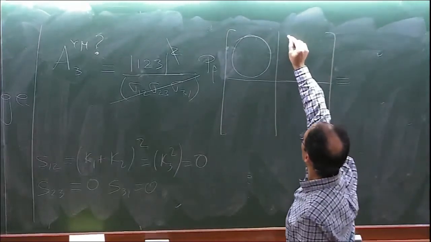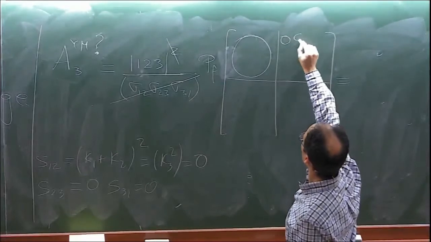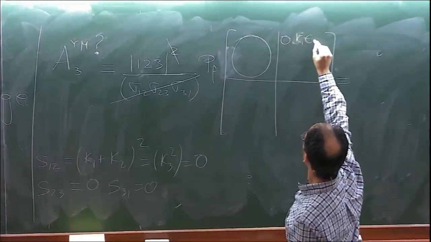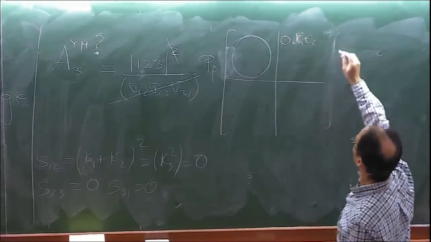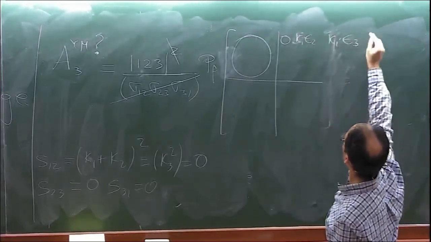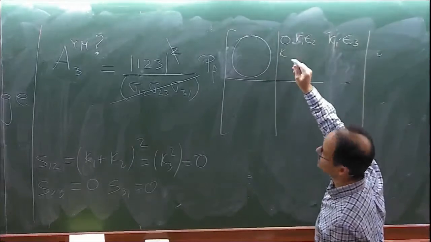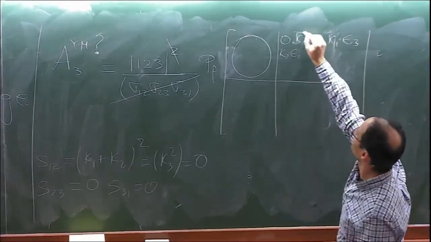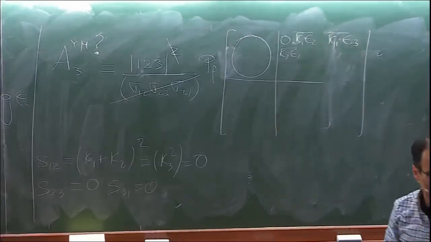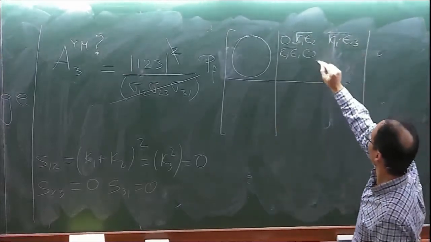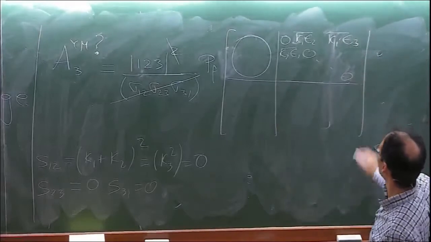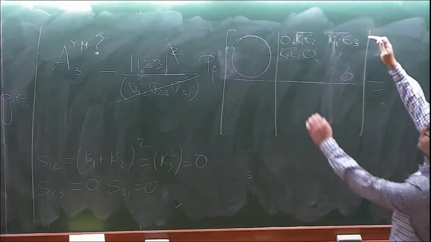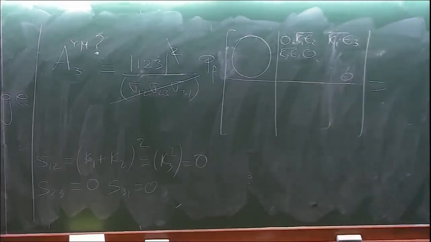We have 0, epsilon 1 with k1, epsilon 2, k1, epsilon 3. This one would be k2, epsilon 1. Here, let me put the bar to say that there are sigmas in the denominator. Whatever happens, when we compute the determinant of this matrix, we're going to get 3 terms.